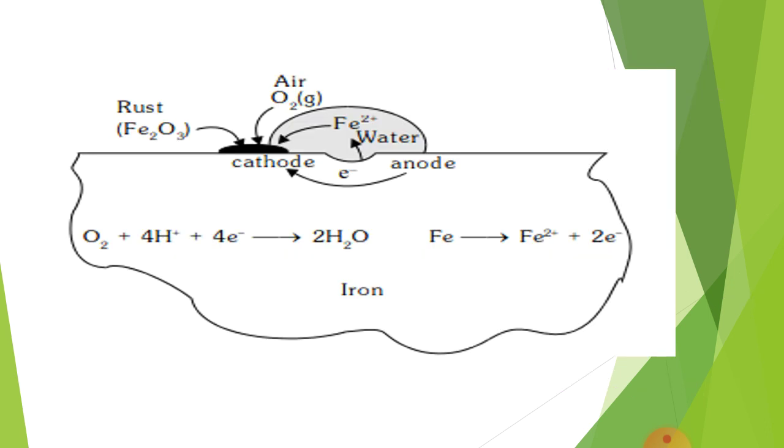Now look at the diagram to understand the process of rusting. Here the black color is the rust. Here two spots are there. One spot works as the cathode and the second spot works as the anode. The reaction is also given here. This is the figure of iron where the rusting occurs.